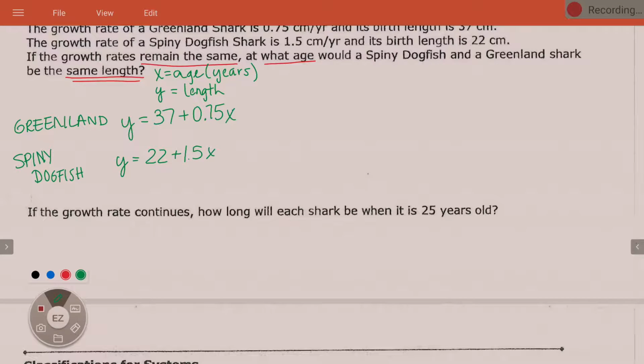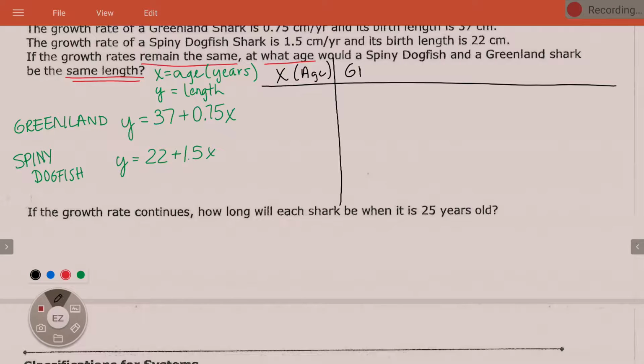So this is where I'm going to set up my table. And as I set up my table, I'm going to set up 3 columns. The first part I'm going to have is the age, which age is what variable in my problem? That is the x. So that's the first column. Then I'm going to have a column for the Greenland shark and a column for the spiny dogfish.